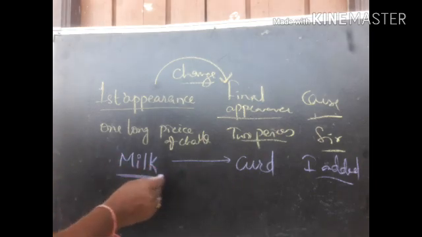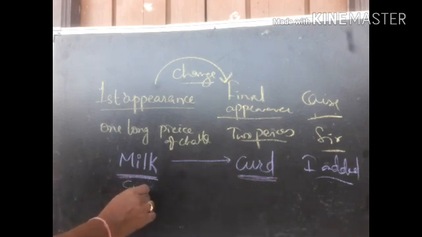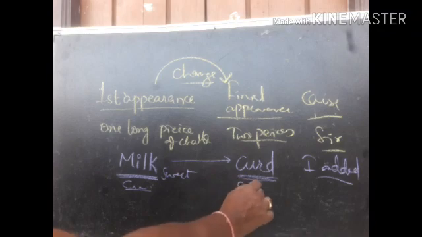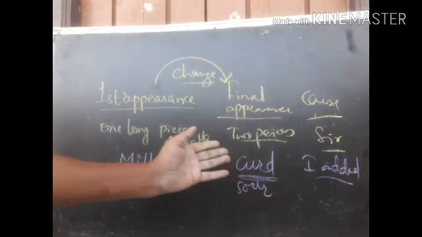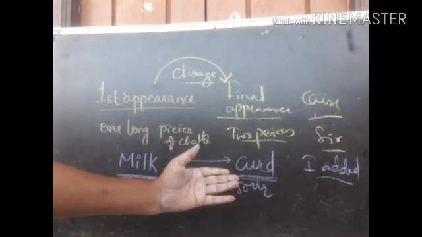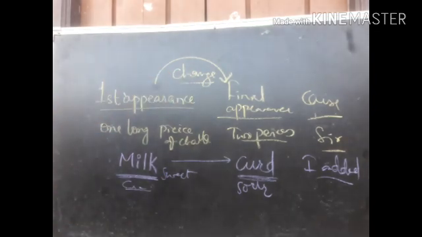Milk is creamy white in color, but curd is white. And in taste, milk is sweet, whereas curd is sour. So have you observed the difference or not? First appearance and final appearance, there is a difference. This difference is called change.